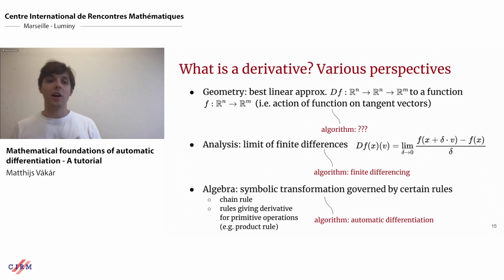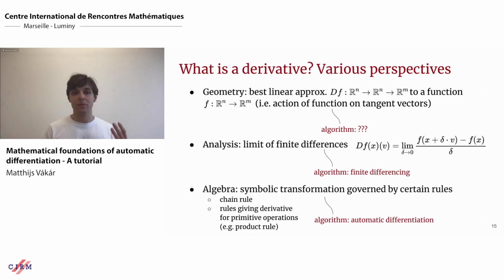We teach our high school students certain rules like the chain rule and rules for how you differentiate certain primitive operations. We teach students that the derivative of a sine function is a cosine, and that to differentiate multiplication, we use the product rule. Then by putting all these rules together, you can mechanically calculate a derivative.